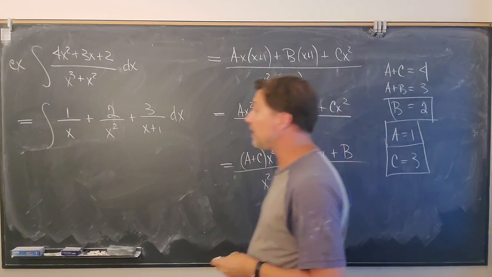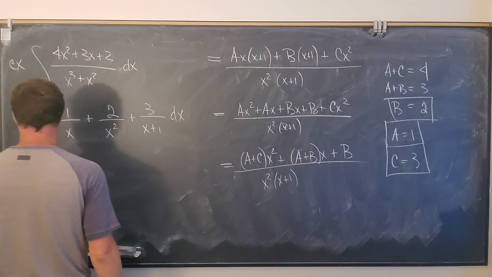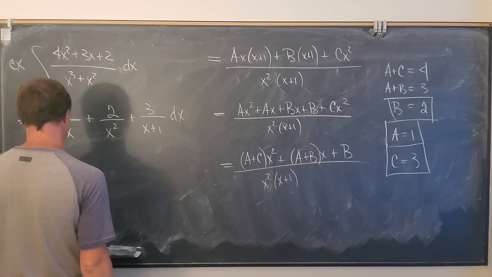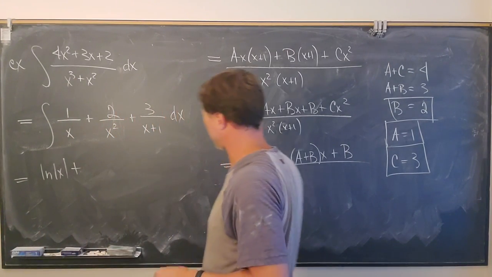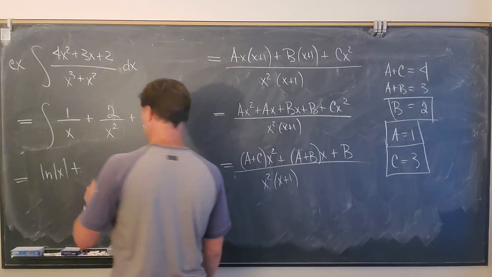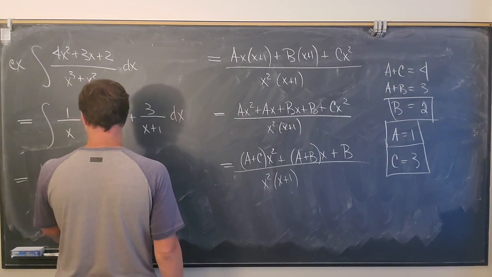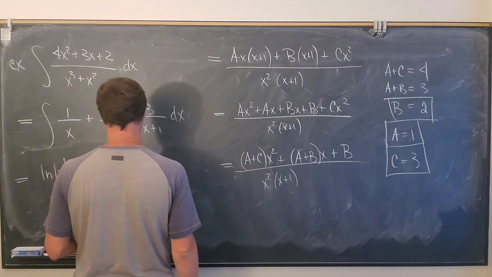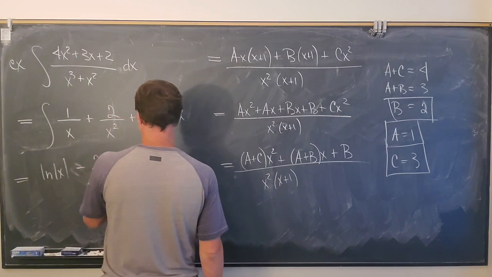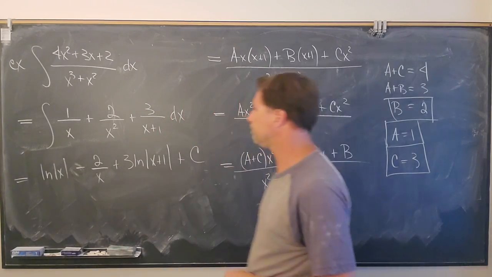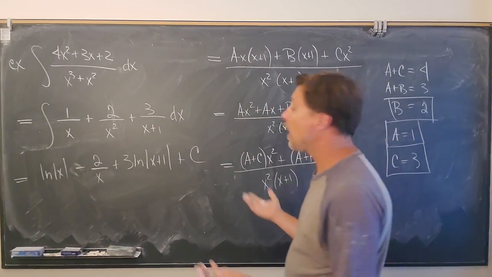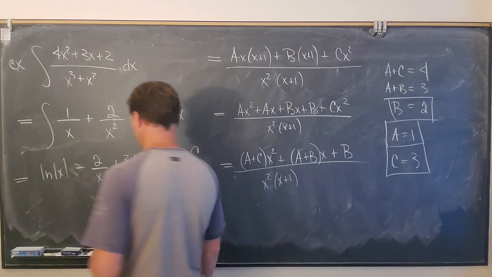So now we've got an easy integral. This is going to be natural log absolute value of x plus, let's see, antiderivative of 2 over x squared is going to be actually negative 2 over x, and then we'll have plus 3 natural log absolute value x plus 1 plus c.